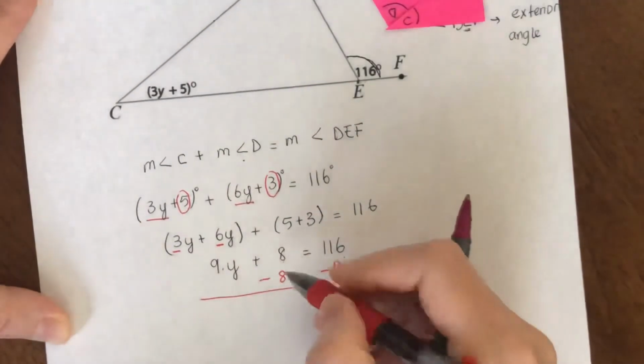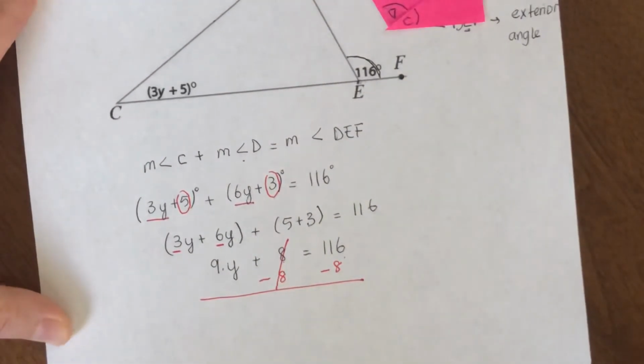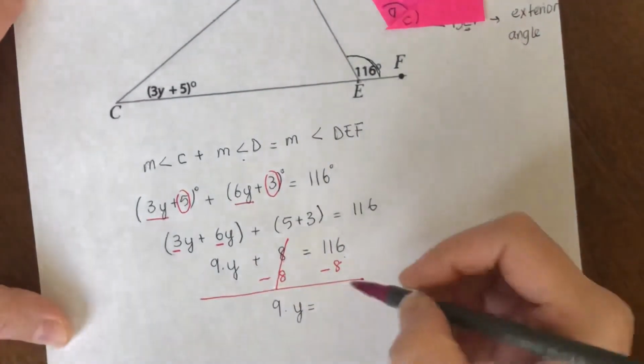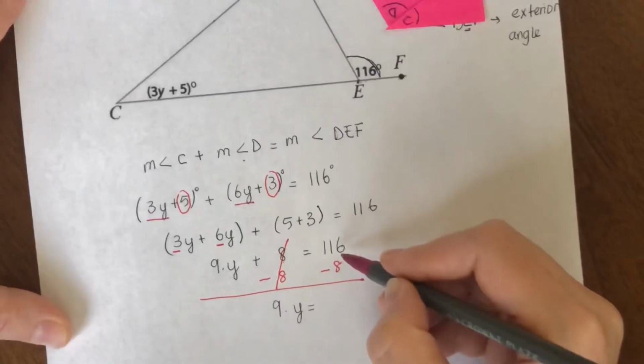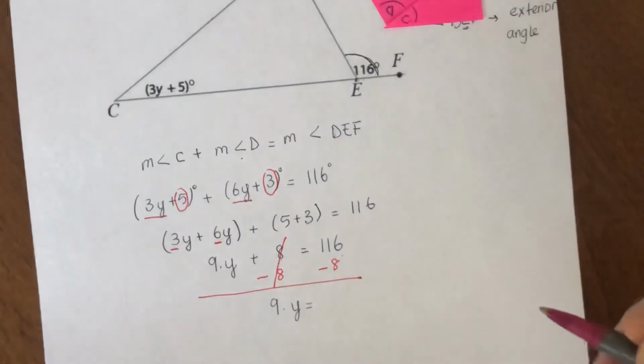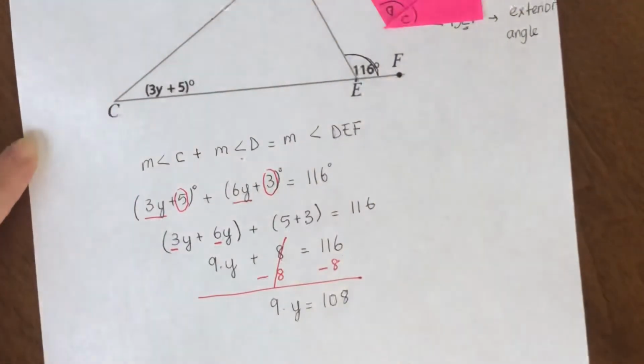So positive 8 and negative 8 make a zero pair, equals 0. We can cancel them out. So 9 times y equals 116 minus 8, which is 108, right? 108. Okay, 9 times y equals 108.